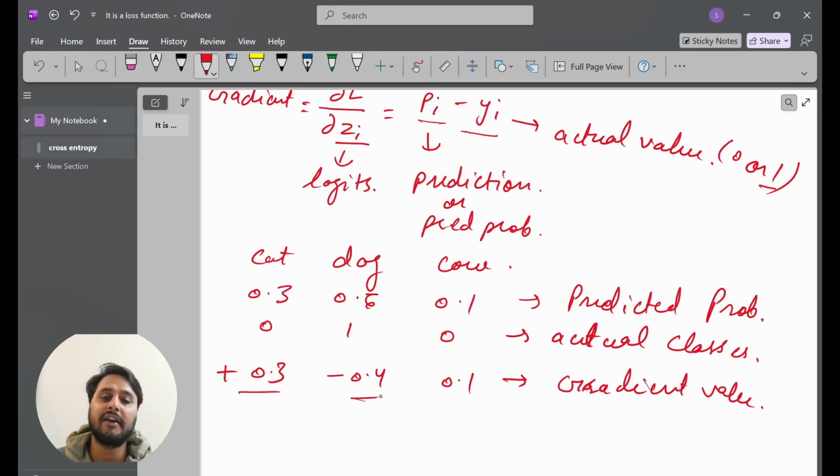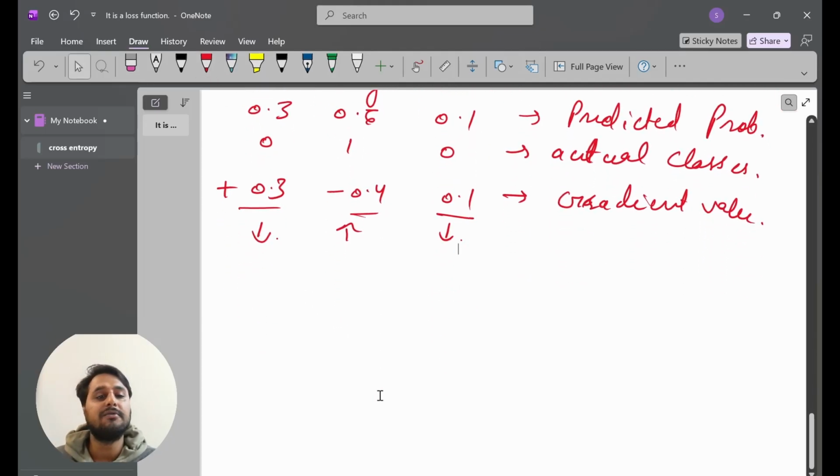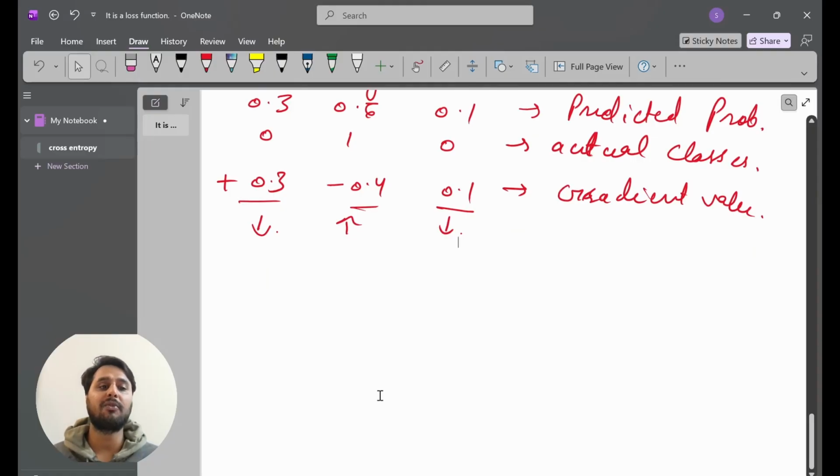The sign of the gradient tells us which values to decrease and which to increase. Since it is minus 0.4, in the next pass we have to increase this value closer to 0, and the plus values we need to decrease. The plus sign will decrease in the next pass, and the minus sign will increase. So that is all about the gradient.